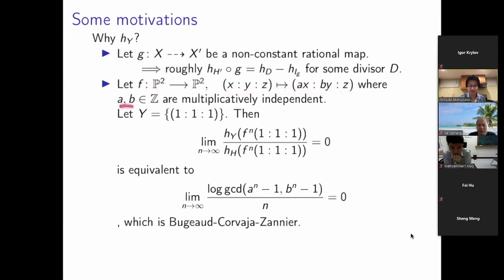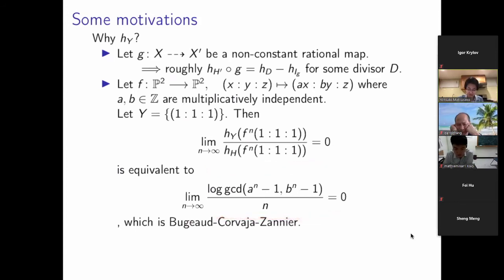Here a and b are multiplicatively independent integers. And let's consider the local height function associated with this point. Then this statement, so this ratio goes to 0, is actually equivalent to this ratio goes to 0. So this is just by definition. Just by plugging in the definitions of these functions, we can easily see that this statement is equivalent to this statement.